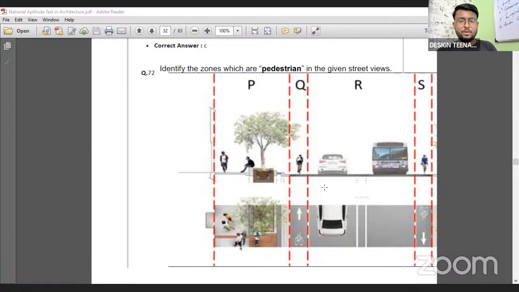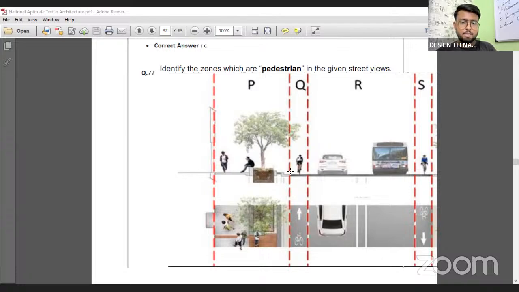Let's assume, if this is an elevation, what I have told you guys about. In case of elevation, this is a road where buses are running, and this particular tree and all is there. It's really hard to identify whether it's an elevation or a section. If it's a house, it's pretty easy to understand.